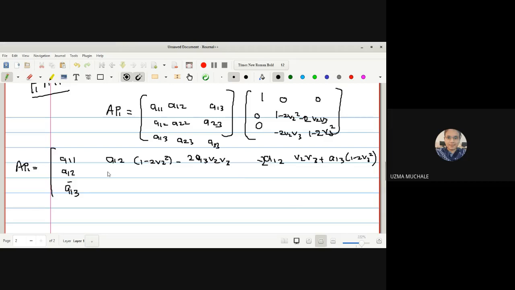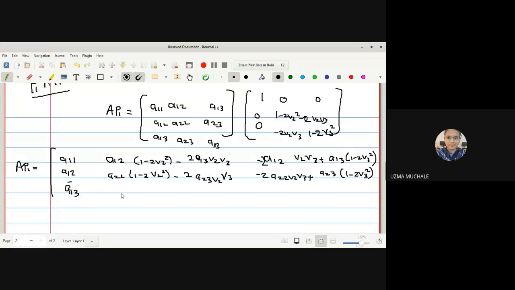The next row will be A22 times 1 minus 2 V2 square minus 2 times A23 V2 V3, minus 2 A22 V2 V3 plus A23 times 1 minus 2 V3 square.